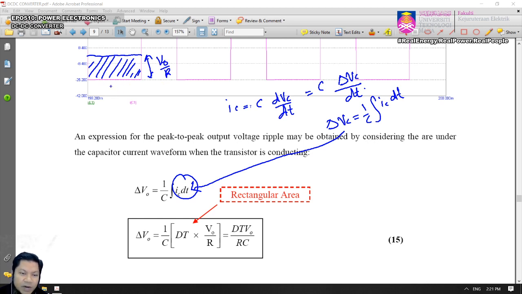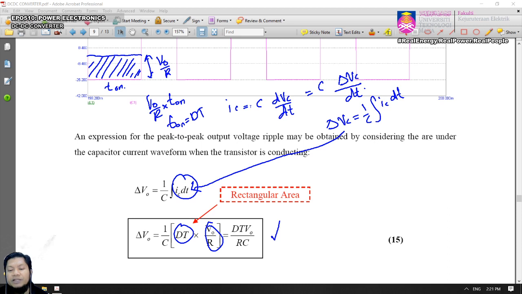The base here, the width, is actually equals to D on, isn't it? So if you want to get the area, just simply V out over R multiplied by D on. Okay, and we know that D on equals to D multiplied by dt. So that's why you have this dt now.